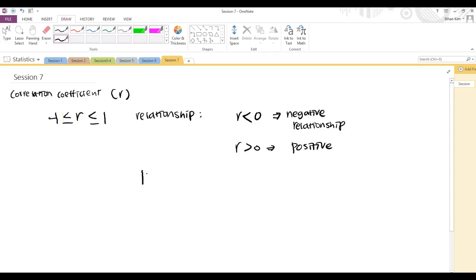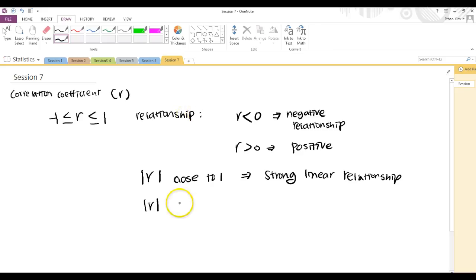Just looking at the absolute value of R, without the sign, if it's close to 1, then this is a strong linear relationship. And if the absolute value of R is close to 0, there is a weak or no linear relationship.